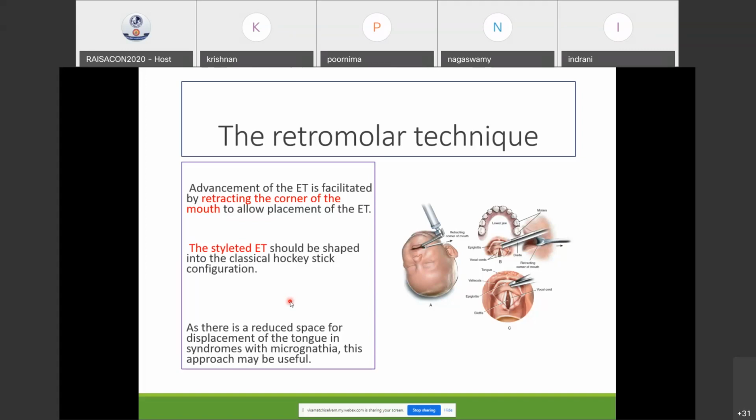Can you hear me? Yes, sir. I'm able to hear, sir. So maintenance fluid, you don't give 40 ml. You give only 70% of the calculated amount. That is the recent guideline. So you can give only 30 ml for the first hour maintenance.